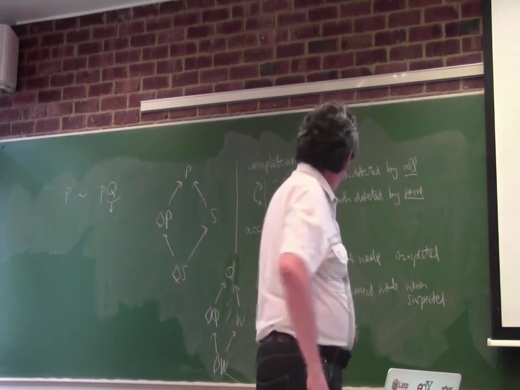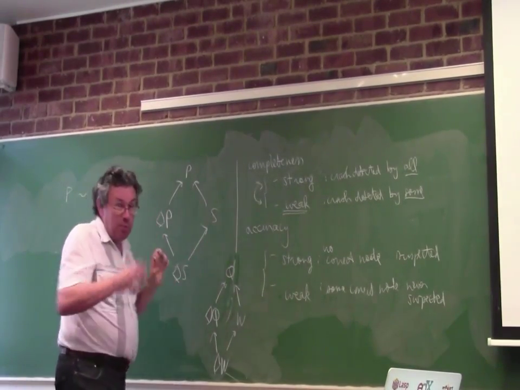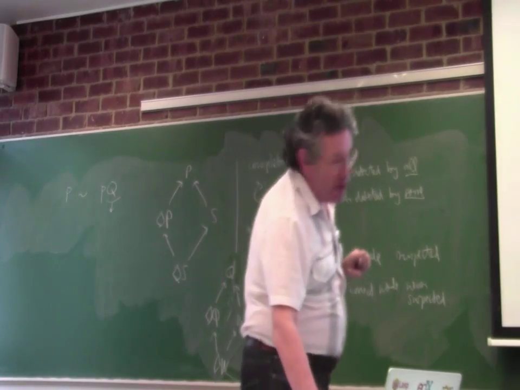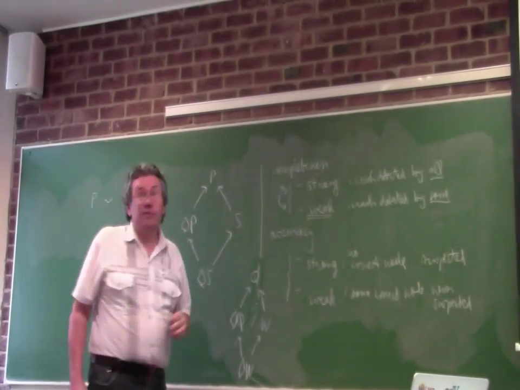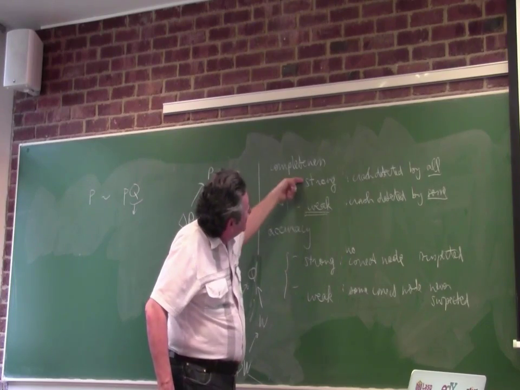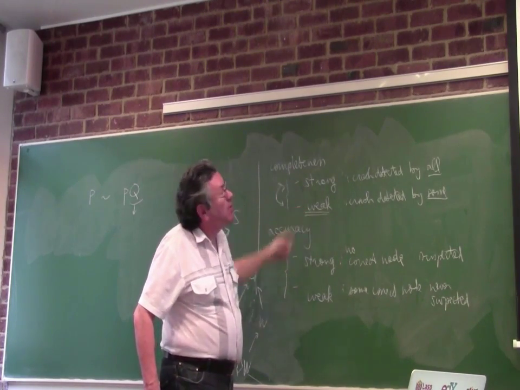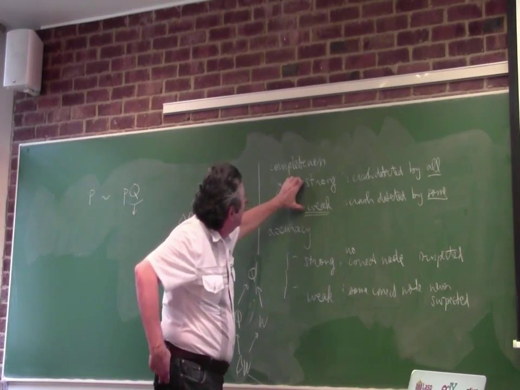Now it turns out, in the 90s, people were working on all these detectors. It turns out that the weak and the strong completeness, you can actually reduce them to each other. It doesn't really make any difference, the strong and the weak completeness. So they're actually equivalent.